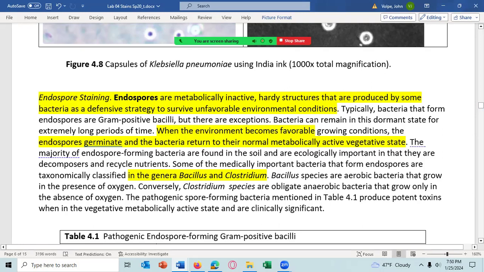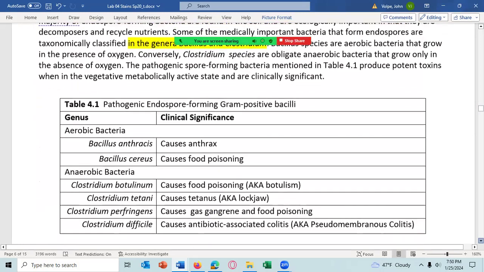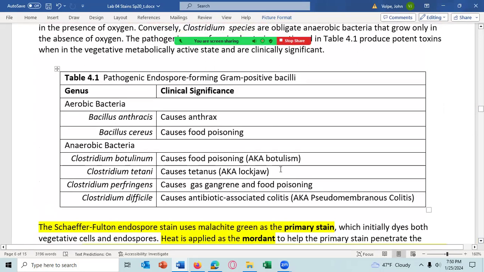This table is showing you some pathogenic endospore-forming gram-positive bacilli. The specific species name of the bacteria is on the left here, and then the clinical significance of an infection from this bacteria.